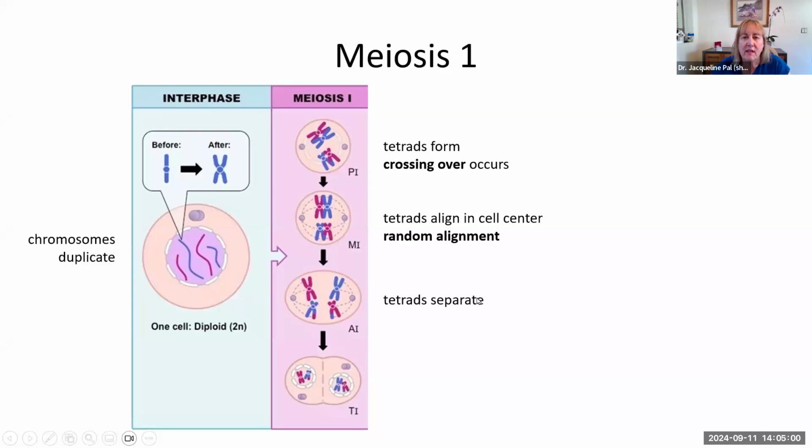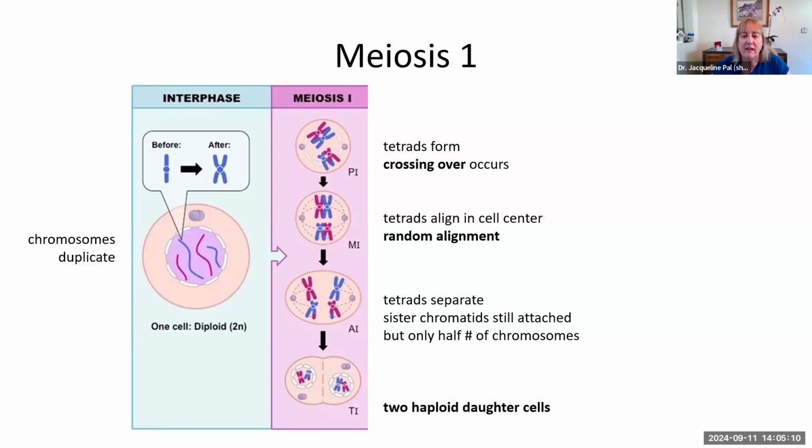So all we're doing in meiosis 1, specifically anaphase 1, is separating the tetrads. So in telophase 1, we end up with 2 haploid daughter cells because we do have half the number of chromosomes that we started with at the beginning.